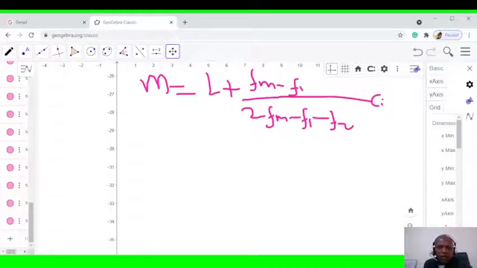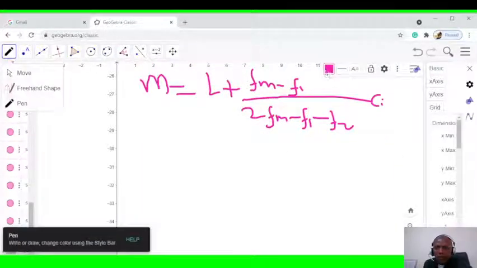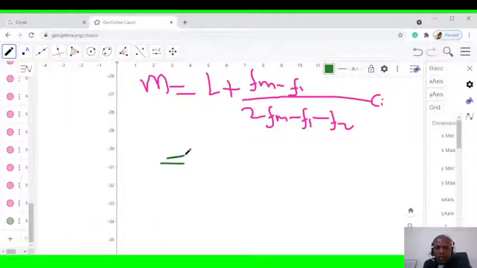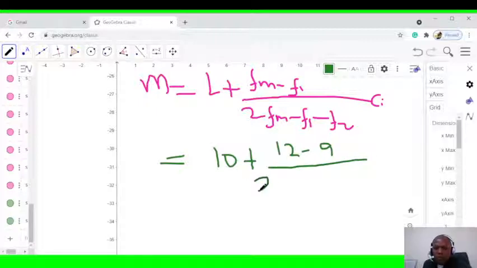So this is the same as 10 plus the frequency of the modal class, 12, minus 9, divided by 2 times FM. What is FM? It's 12.